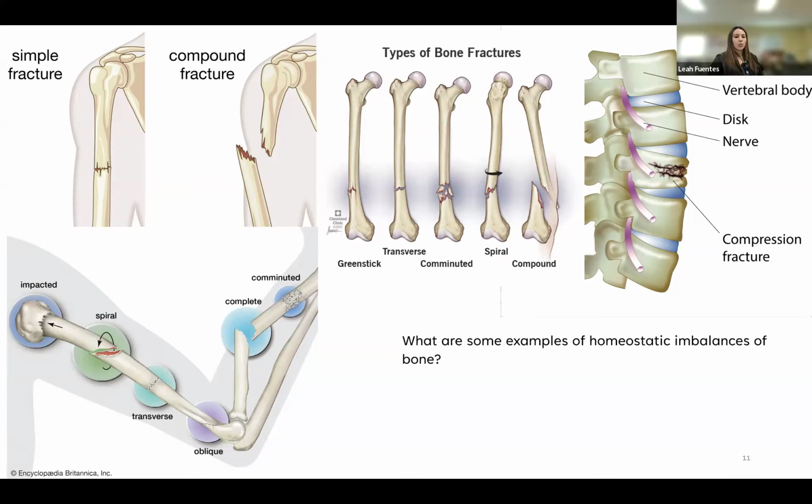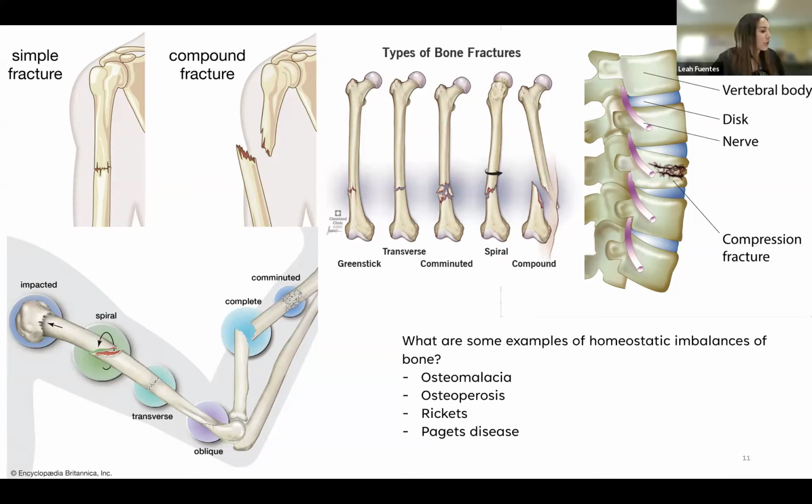And then lastly, what are some examples of homeostatic imbalances of bone? Yep. So rickets, osteoporosis, osteomalacia, Paget's disease. These are just some of them that were on your notes. I think it's pretty specific or professor specific whether or not they ask you about certain diseases of bones or in general.